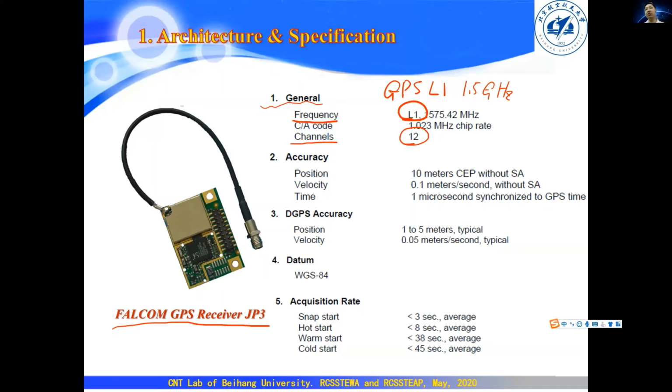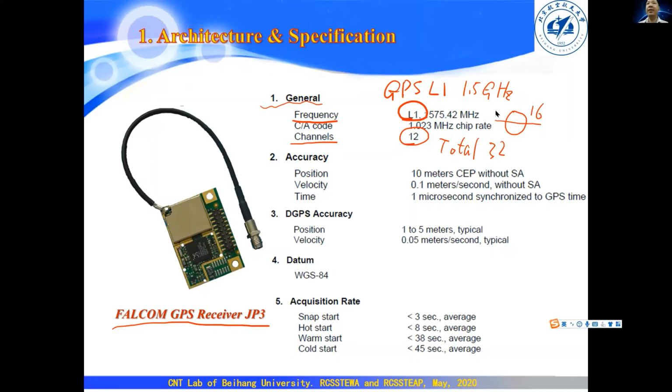So why do we need 12 satellites? The GPS has a total of 32 satellites. If you see only half of the Earth, you will see 16 satellites.